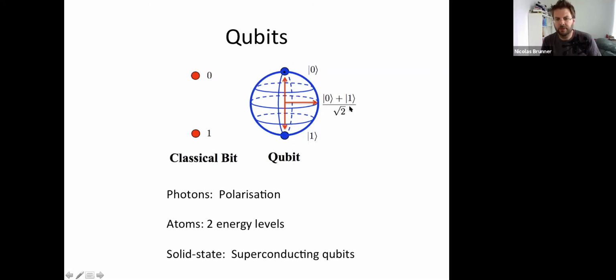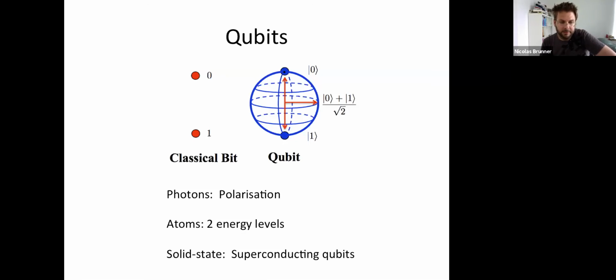And then a superposition between the two, like this one here, would be a diagonally polarized photon. And then you have all the additional states, like the 0 minus 1, which, instead of being diagonal, would be anti-diagonal. And then the eigenstates of sigma y, which would be here and there, would be the circular left and circular right polarizations.